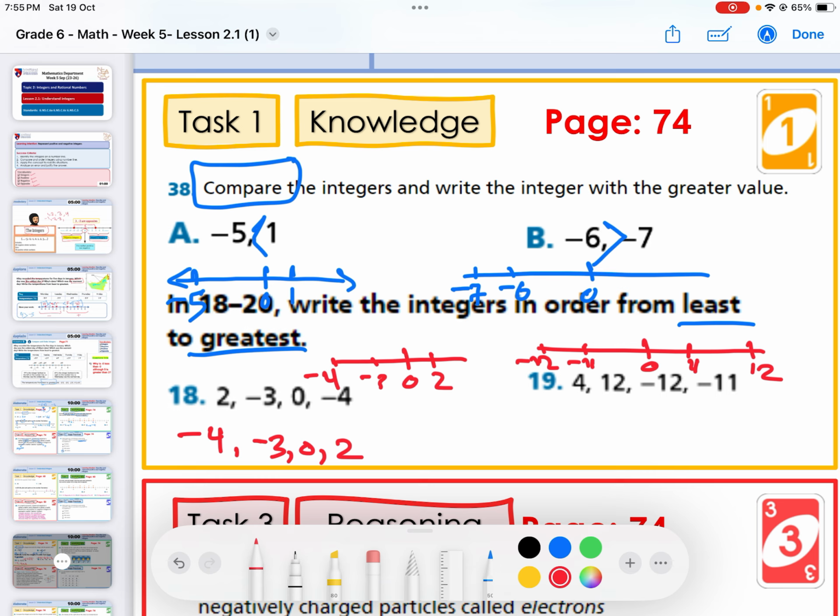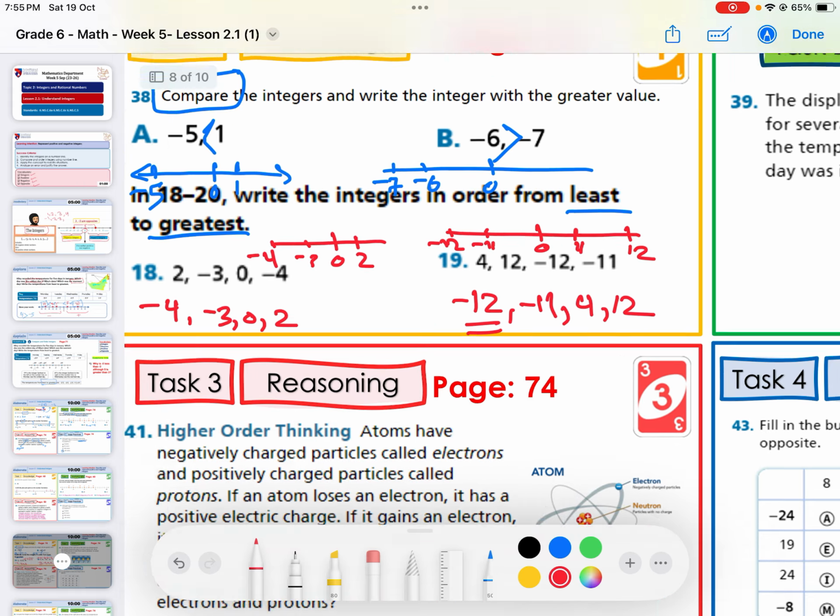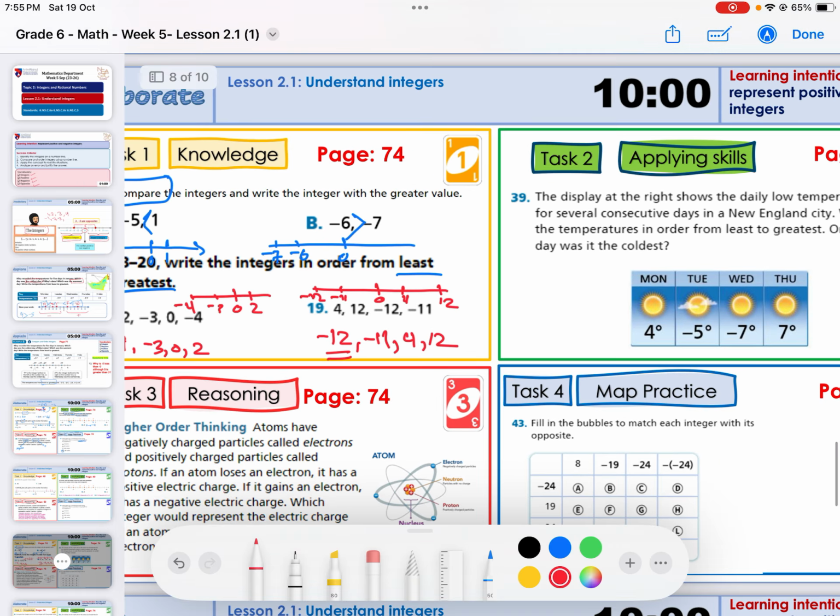So the least one will be -12, and then -11, and then 4, and then 12. The more negative the number is, the smallest it's going to be. So I hope it's clear for comparing and ordering integers from least to greatest.